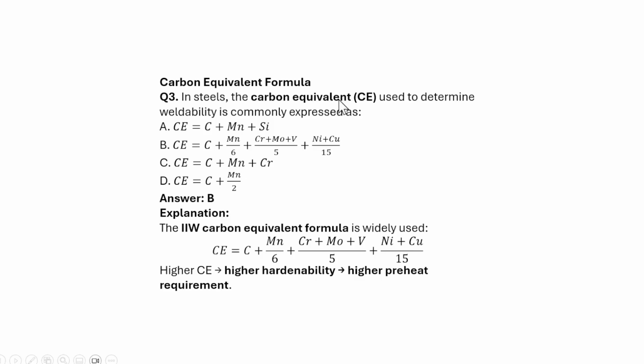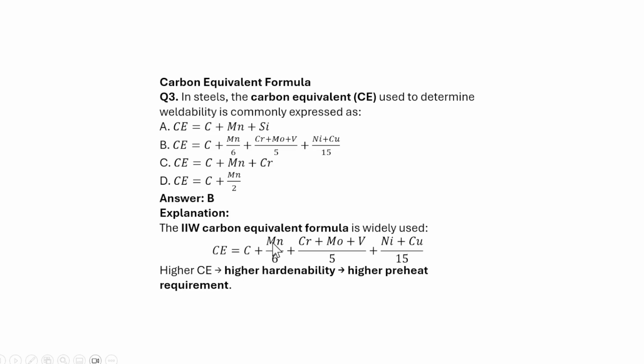Next, what is the carbon equivalent formula? It is not only carbon that will affect the hardenability. Certain elements will also have a similar effect on steels. Those we can calculate by using the carbon equivalent.